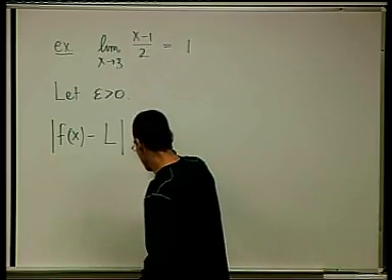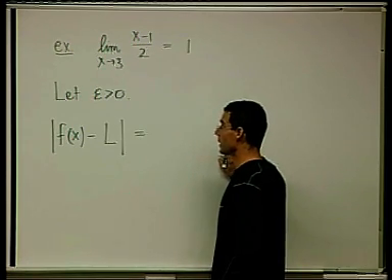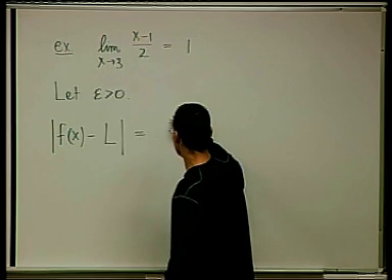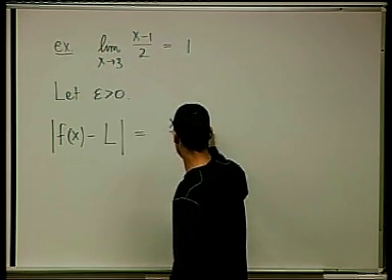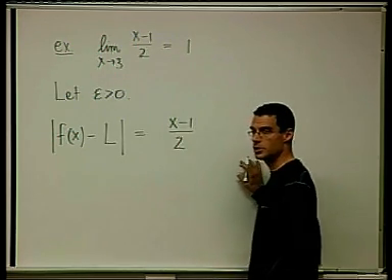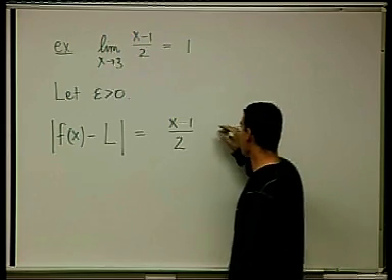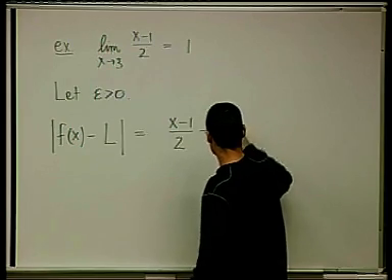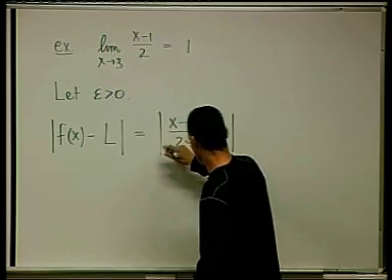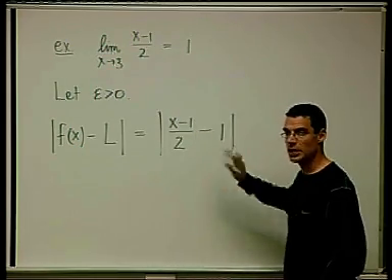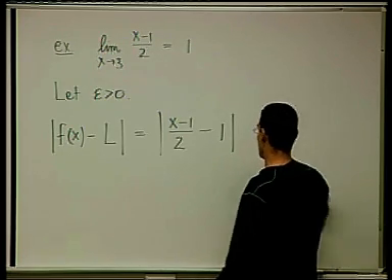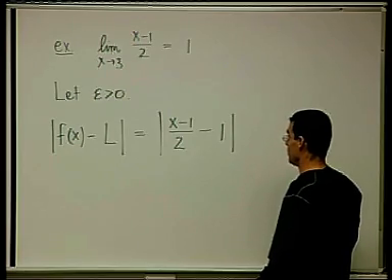What is f of x minus L? f of x is this, this is the function, right? So it's x minus 1 over 2. Do you agree that this is f of x? Minus L. What is L here? 1. So I want to show that this thing is less than epsilon. Good?